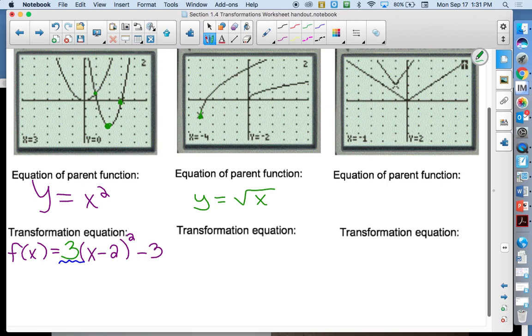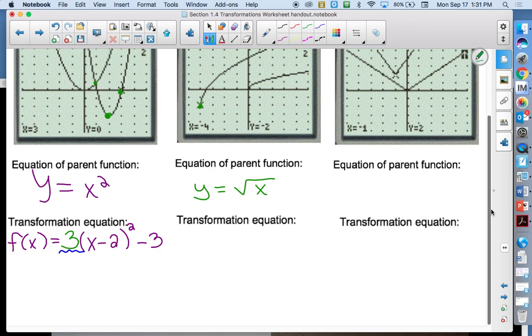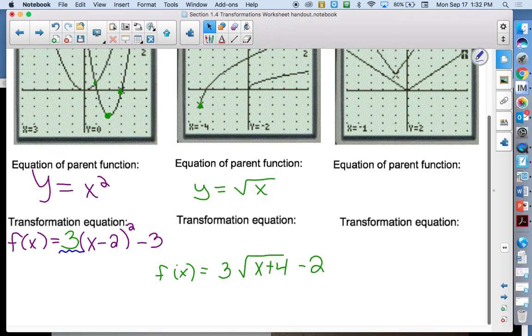Virginia, can you give me the numbers with the translation in it? y equals 3 square root of x plus 4. So she said 3 square root x plus 4, okay, and then minus 2. All right, let's look at this to see how we have here. So plus 4 means we're moving left 4, which in this case we are moving left 4. And minus 2 means we're going down 2. That's good.